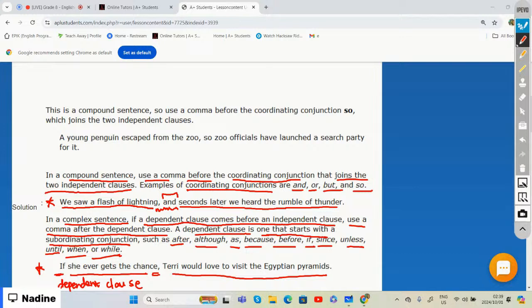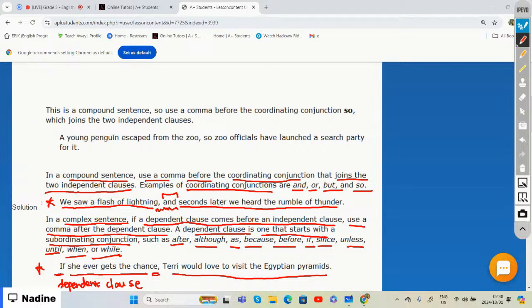And a dependent clause starts with a subordinating conjunction, not a coordinating one. If our dependent clause is the start of the sentence, then we write the dependent clause, add a comma afterwards, and then write our independent clause.